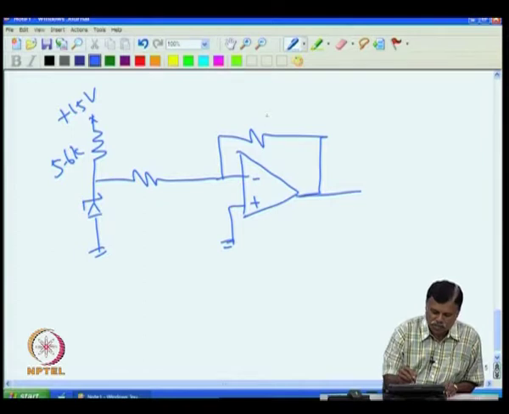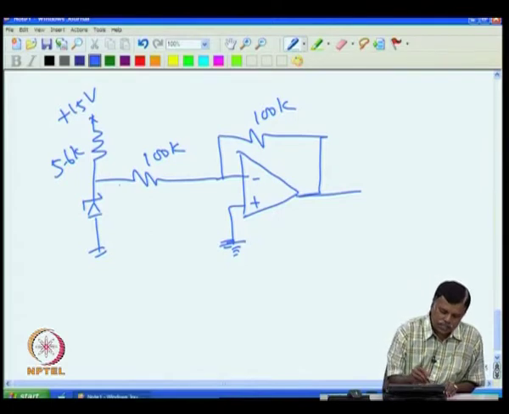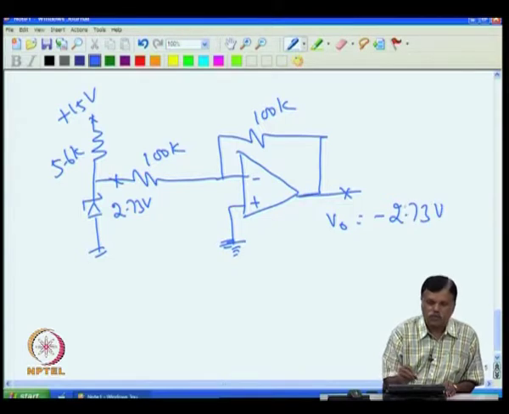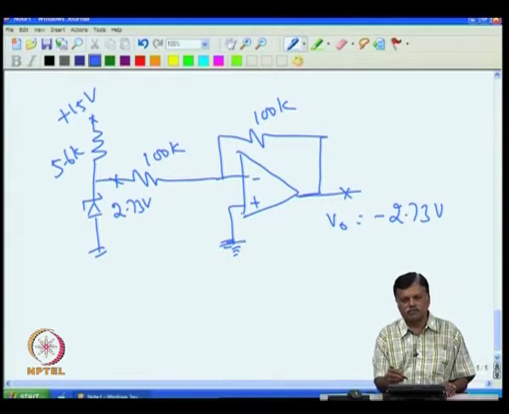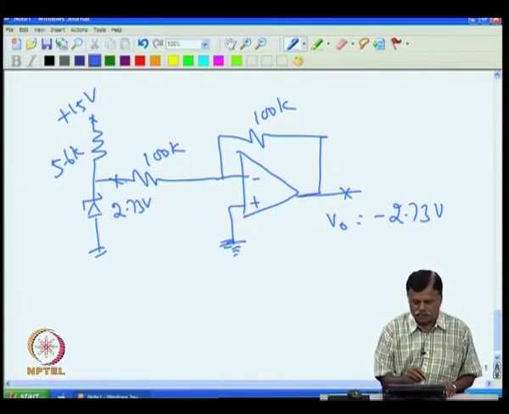Assume I have put equal resistances here, say 100 K and 100 K. Essentially at 0 degree C at this point I will get 2.73 volt, then at this point V0 will give me minus 2.73 volt, assuming there are no other errors in the operational amplifier. Basically the plus had become minus.